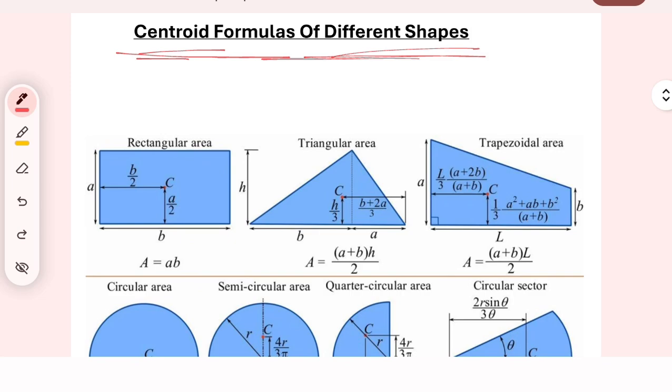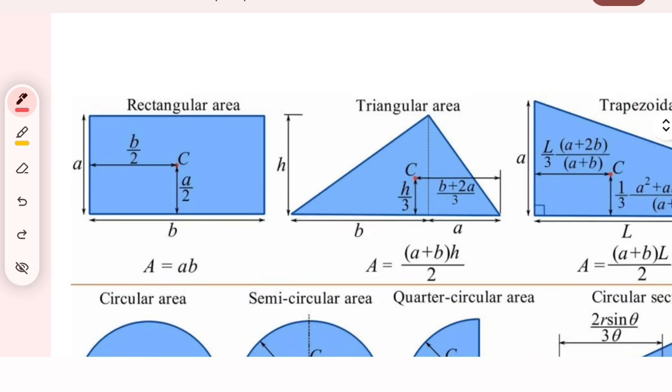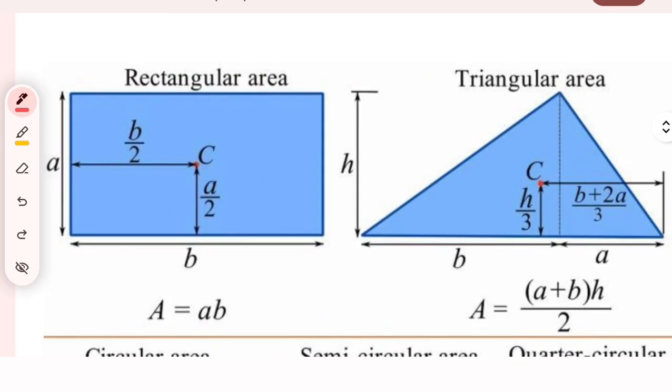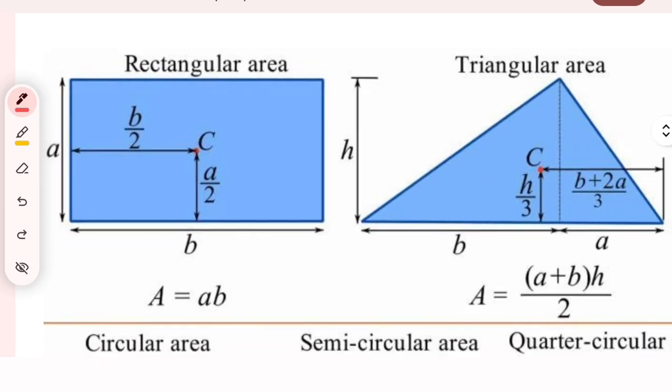Or if you don't memorize it, and you're allowed to bring with you a list of formulas, you can bring something like this, a list of formulas for the different shapes, where you have the area of the different shapes as well as the location of the centroid of these shapes. For example, if you have a rectangular area like this one, it's easier to compute because that's simply a times b.